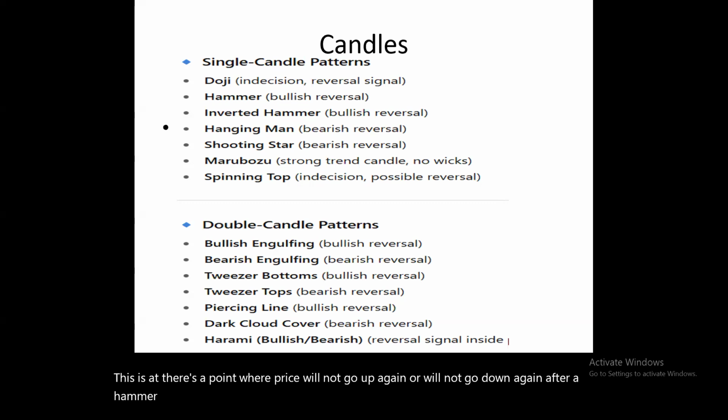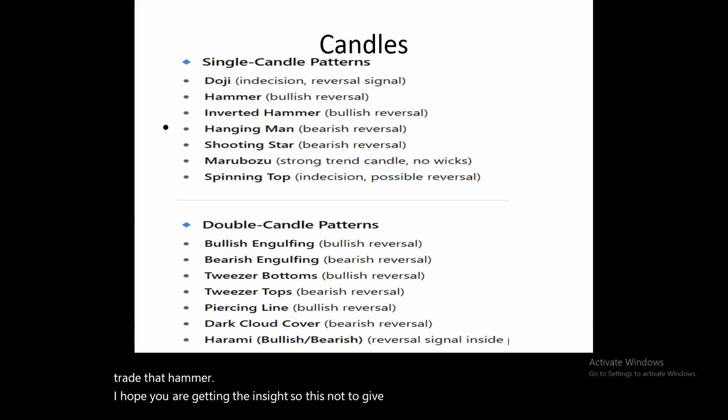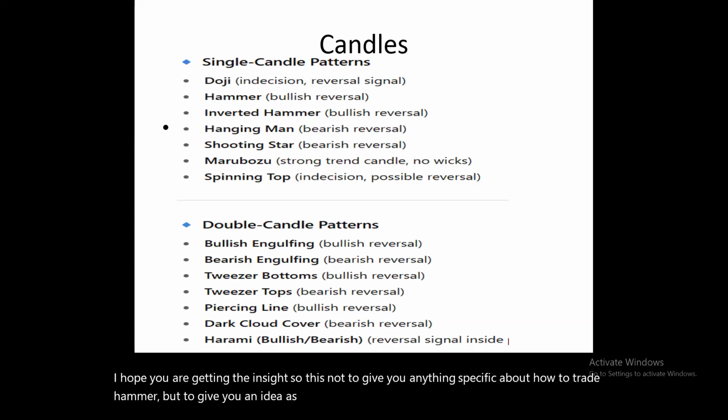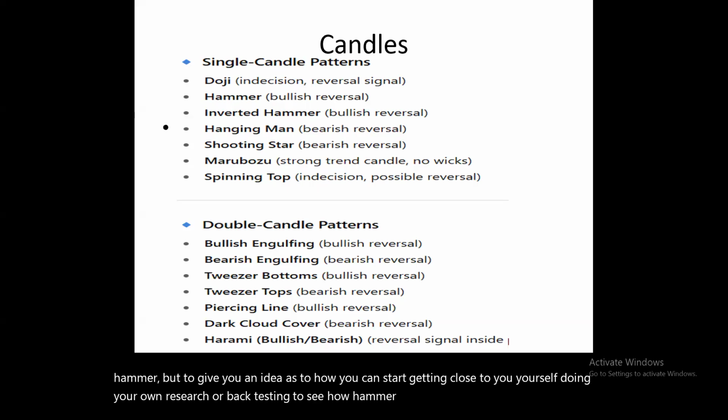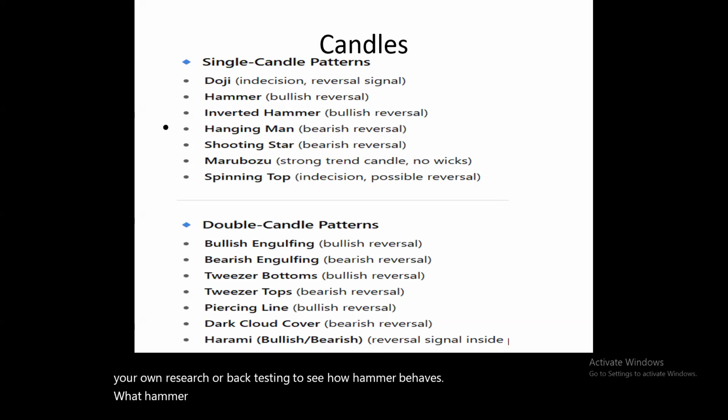And you keep refining that, and then that can be a model that you might use to trade that hammer. I hope you're getting the insight. This is not to give you anything specific about how to trade a hammer, but to give you an idea of how you can start doing your own research or backtesting to see how a hammer behaves or what a hammer does in price.